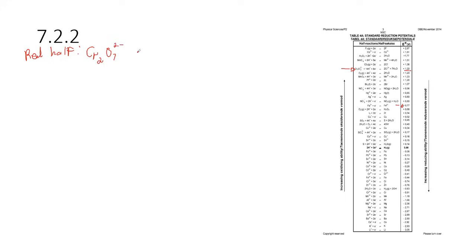Then we have plus 14H plus, and then plus 6 electrons to give us 2Cr3 plus, and then plus 7H2O. So yeah, remember, you have to write it exactly as it appears.